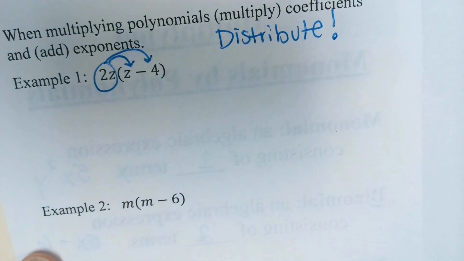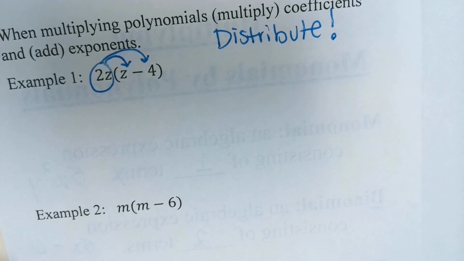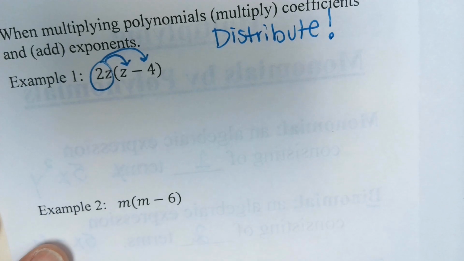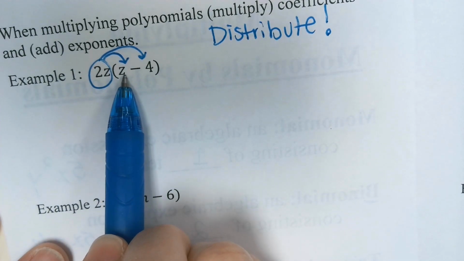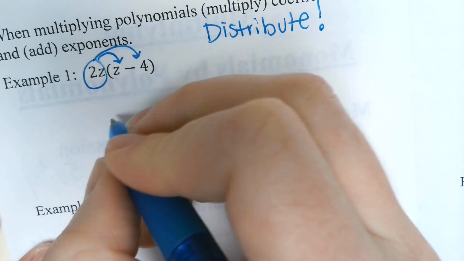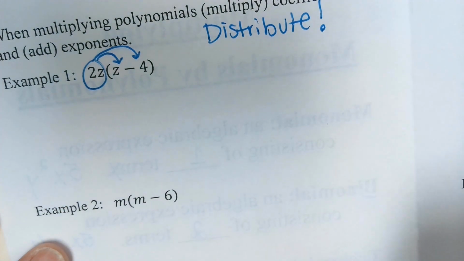Distribute. That's what we're doing. Okay, so 2z times z. If you want to write it out instead of doing it in your head, you can.